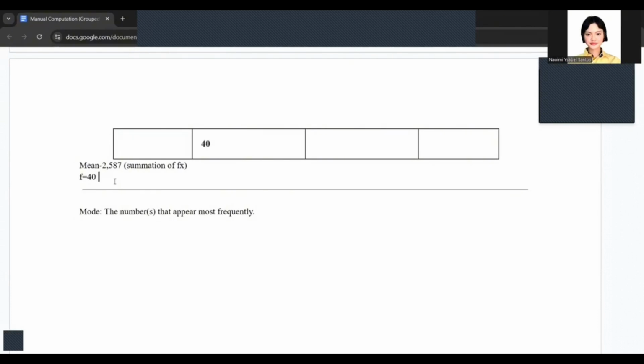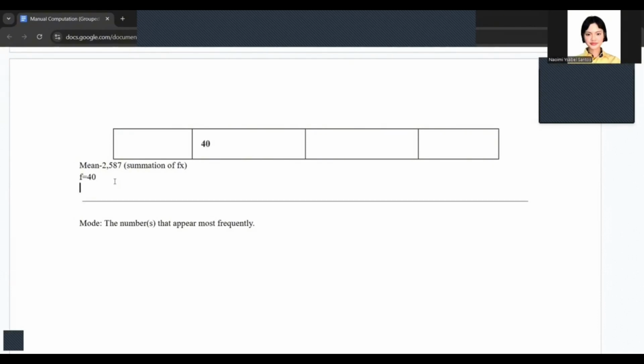So we will divide 2,587 by 40, and it will be equal to 64.675, but we will round it up.